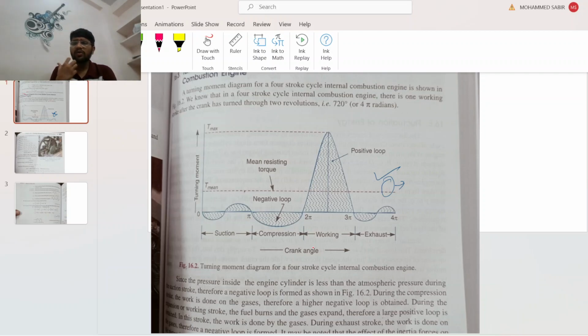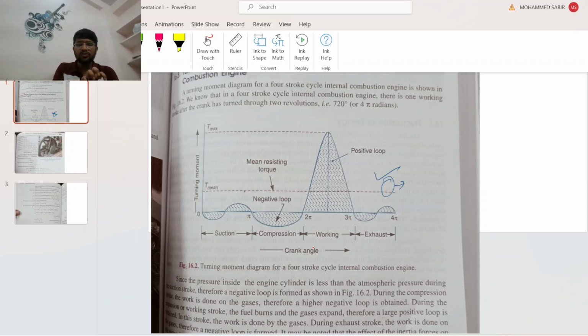In an engine, we want the speed to be constant throughout the process, but practically that is not possible, so we always try to minimize the energy fluctuations.